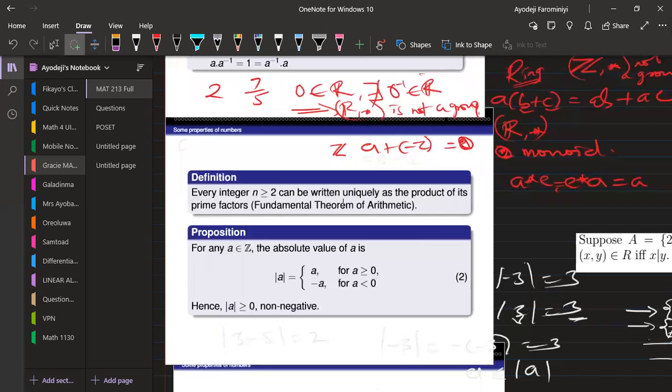Pi. How does pi come in? Pi is a real number. Okay. Pi is not a rational number. Actually, the real numbers are the union of rational numbers and irrational numbers.